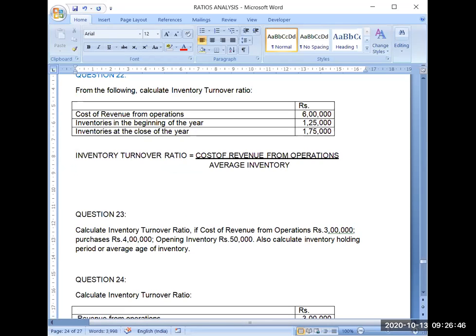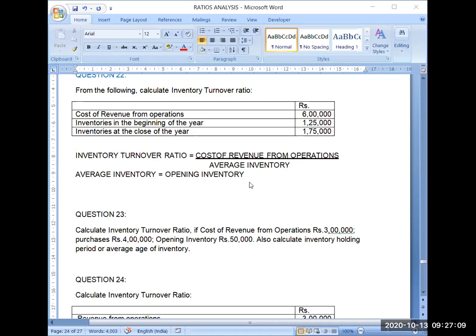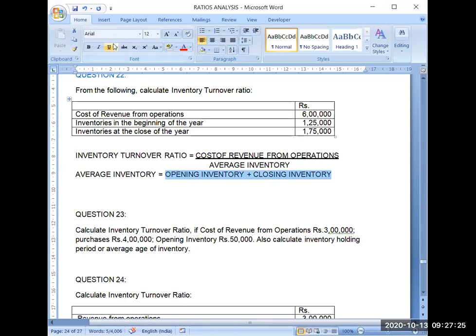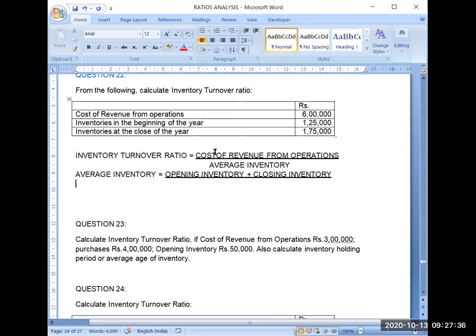Now first I will calculate the average inventory. Average inventory is equal to opening inventory plus closing inventory, divided by 2.